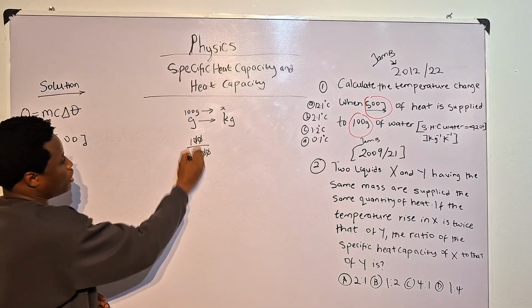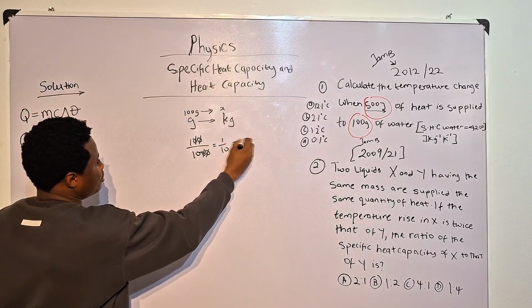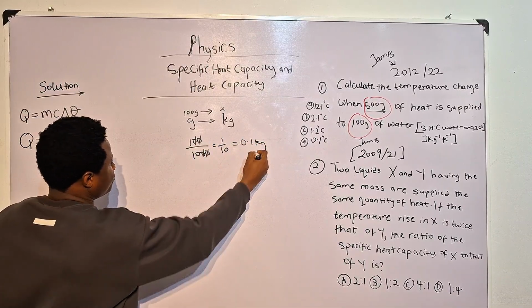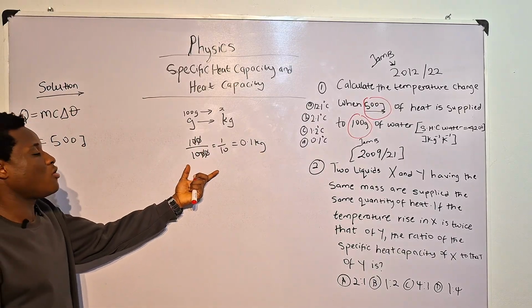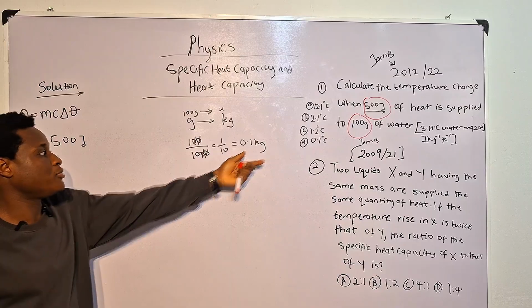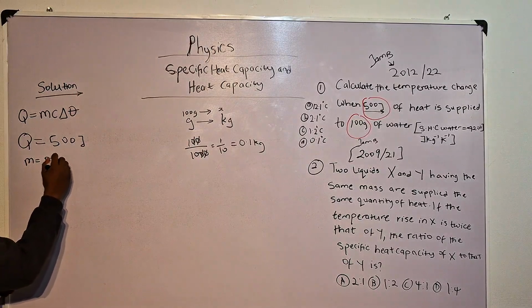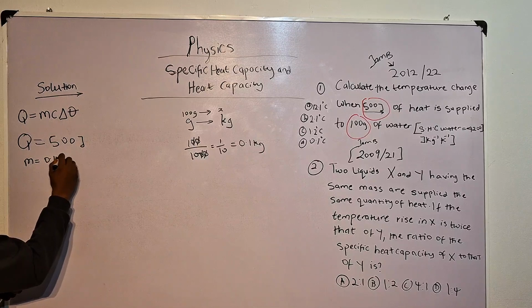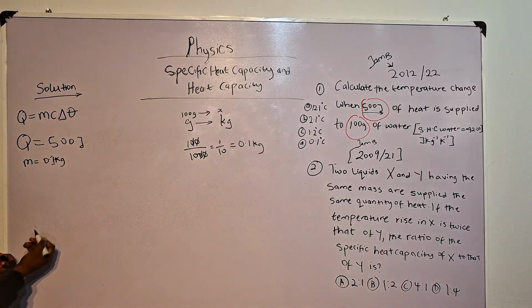We have 1 over 10 now, which equals 0.1 kilogram. Now we have converted our mass to kilogram. So our mass becomes 0.1 kilogram, and we'll be working with 0.1 kilogram.